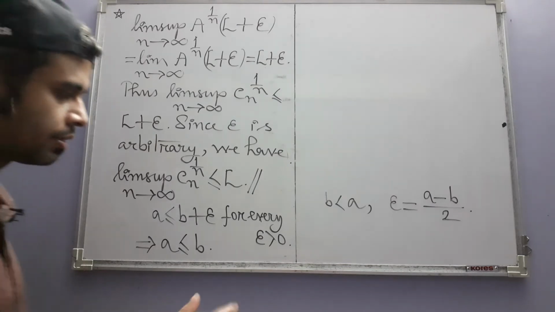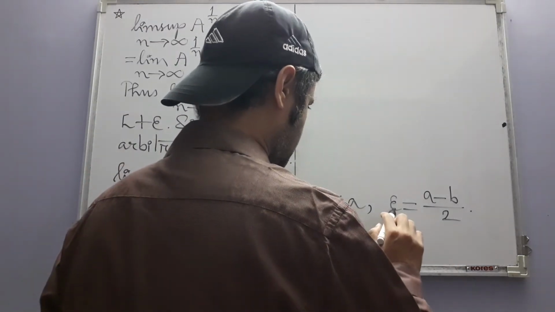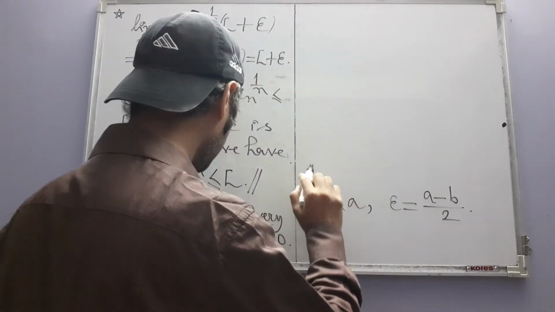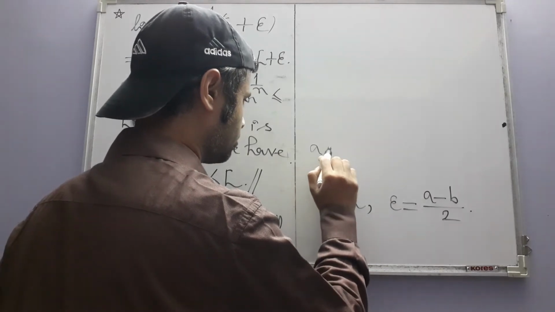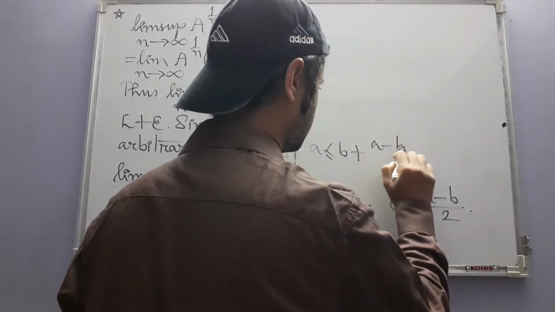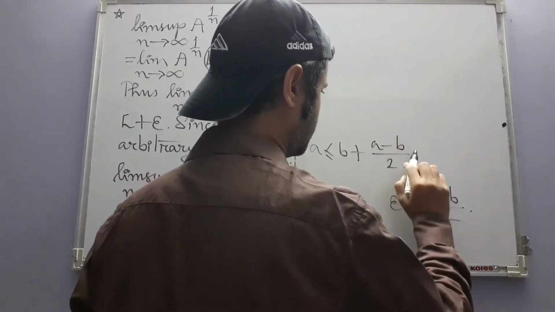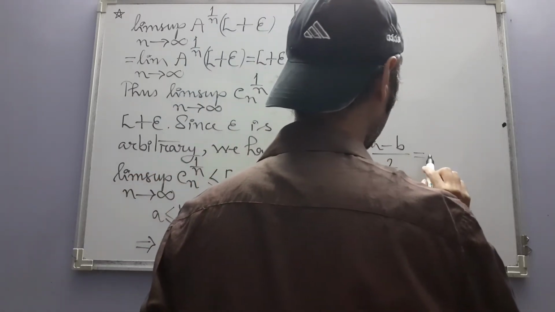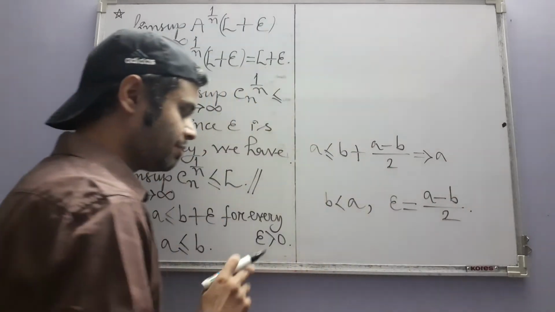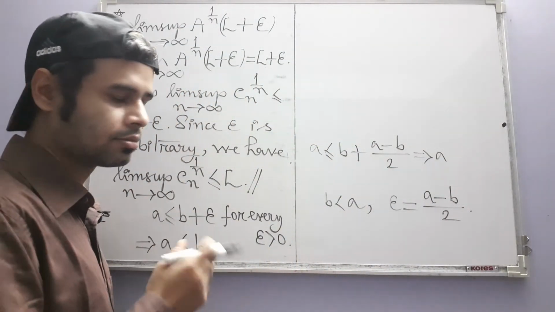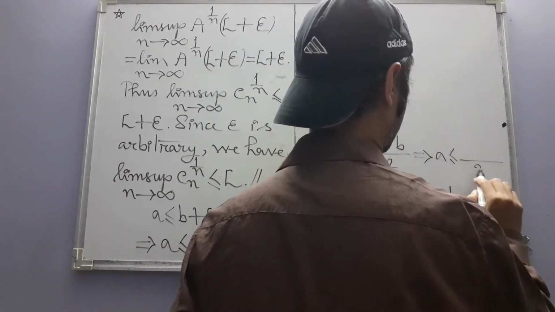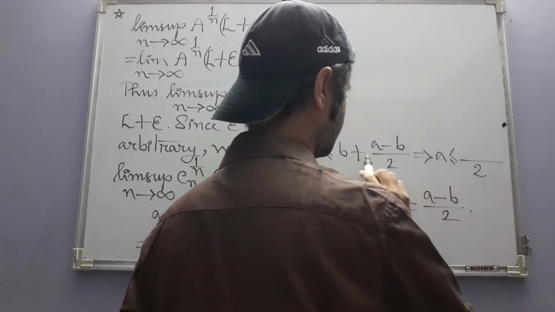Will 2 work? Let's just see. And that is because a minus b is positive. Now, do you have this for this particular epsilon? What will you get? Say, do you have this, because that's what our hypothesis is. So that means a is less than or equal to, if you take 2 LCM, then you will get 2b minus b.